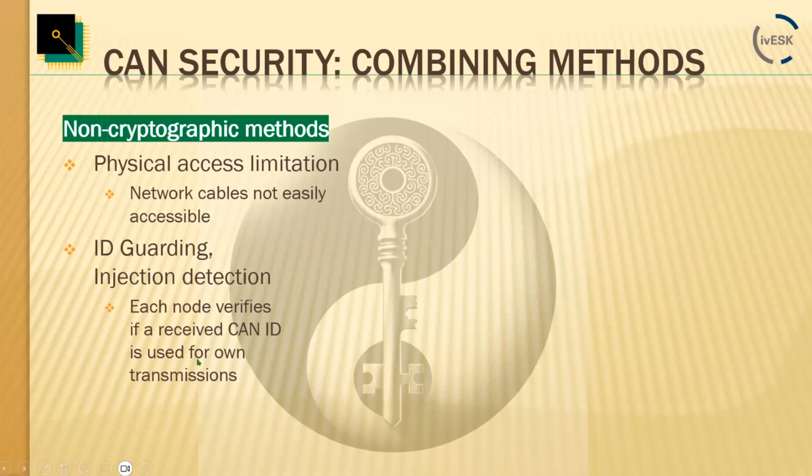And the basic idea is, because every node on a CAN system can receive everything, when there is a CAN ID injected that is not authorized, somebody has the option to recognize it.